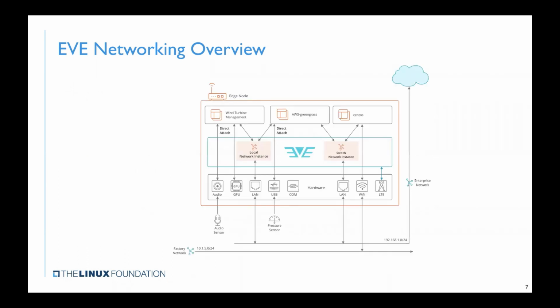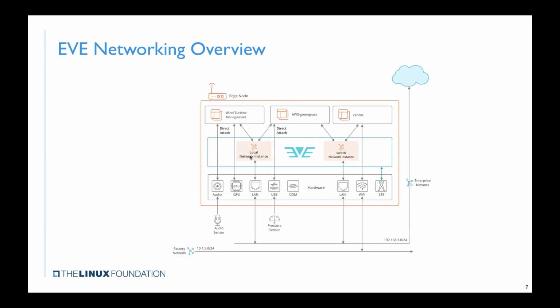So this is basically an overview in a picture. On the top you can see there are some example applications. In the middle there is the EOS. There are some examples of network adapters or input-output adapters, but let's focus on the network adapters only in this case. So there is a local network instance.